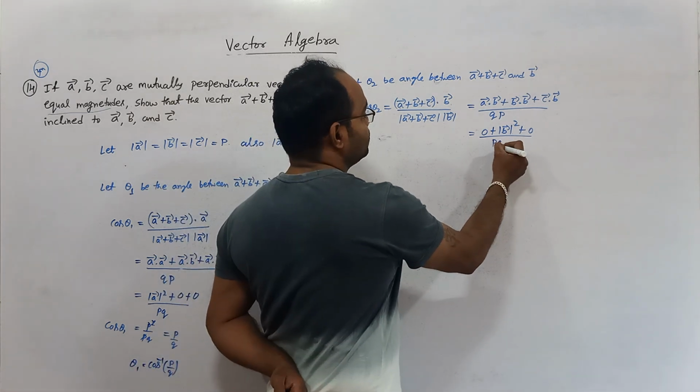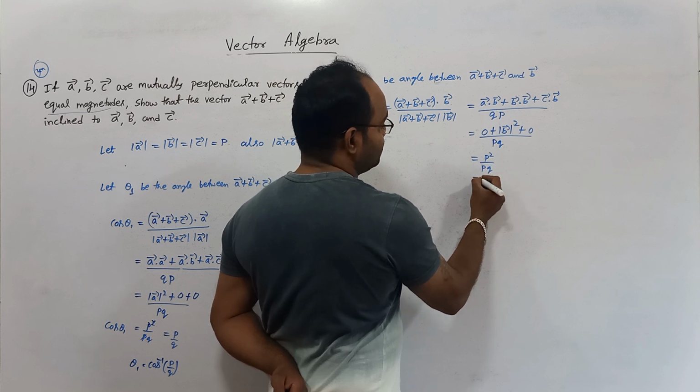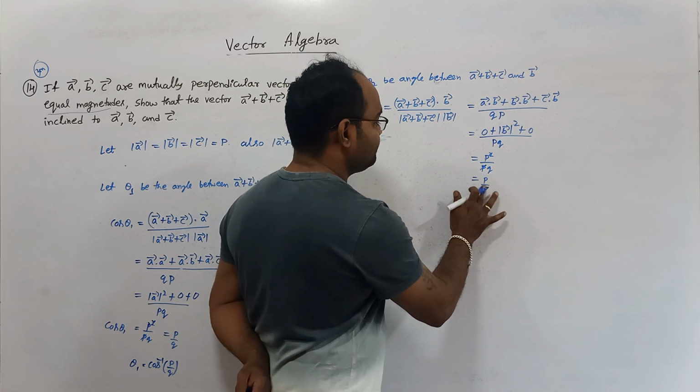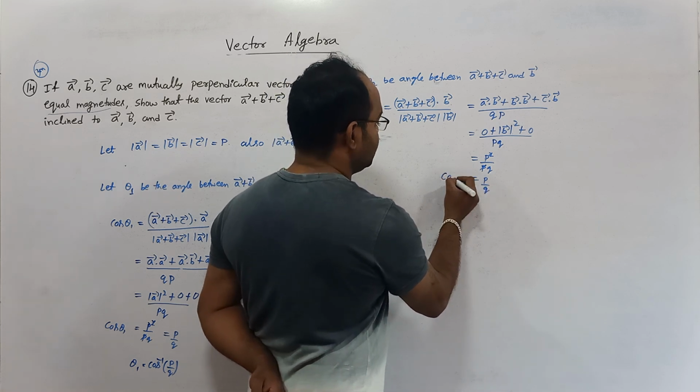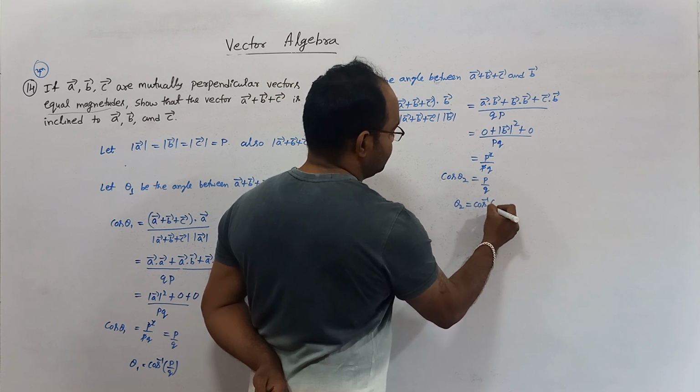Then PQ, so magnitude B whole square is P square by PQ, that is also P by Q. One P cancels, P by Q. Cos theta 2 is P by Q, theta 2 is cos inverse of P by Q.